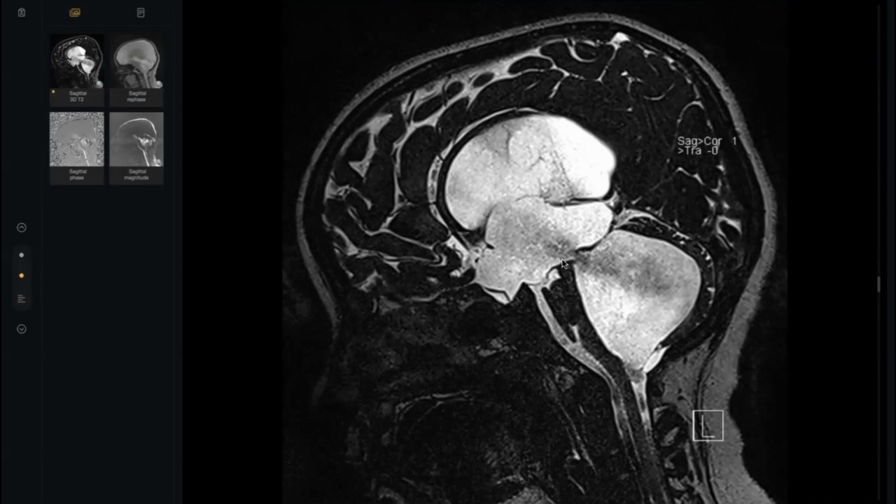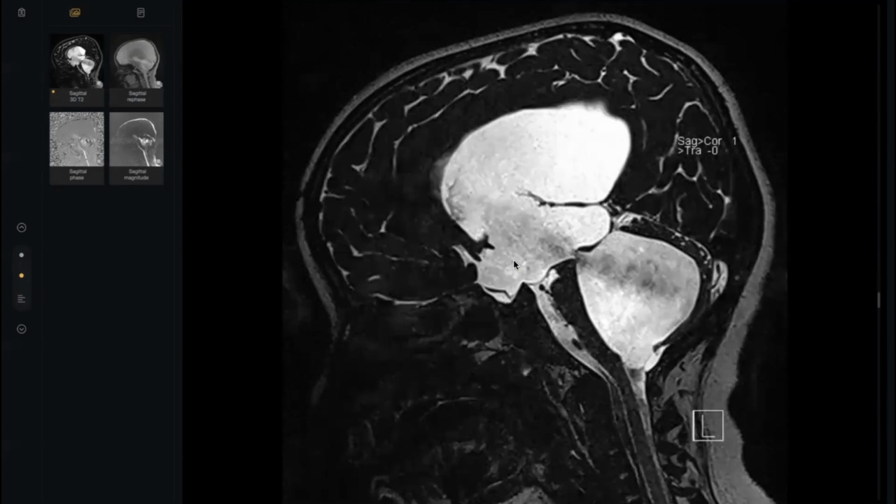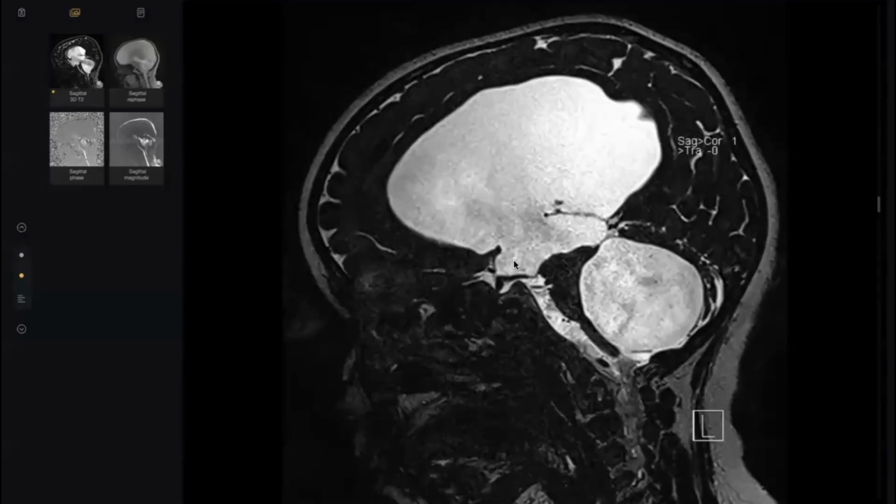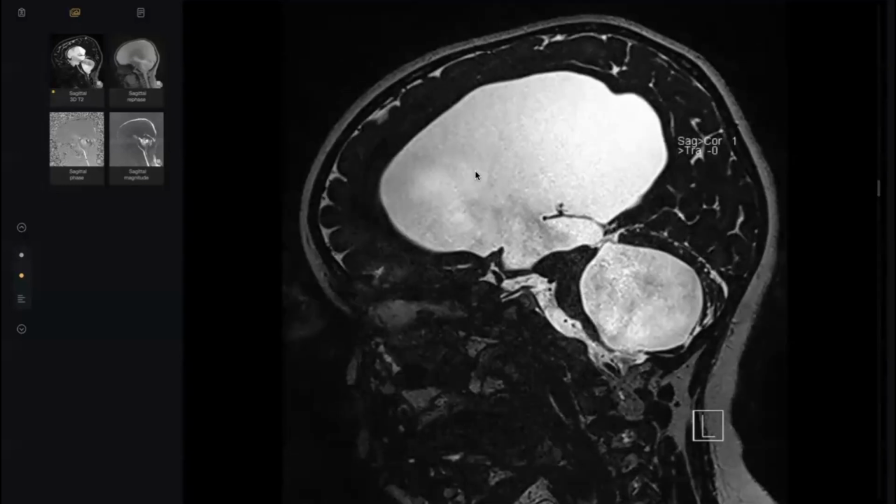Look here, doctor. What is this? What happened here? What is the procedure done here? Sir, I don't know, sir. Okay, see, this is the lateral ventricle. This is the third ventricle.